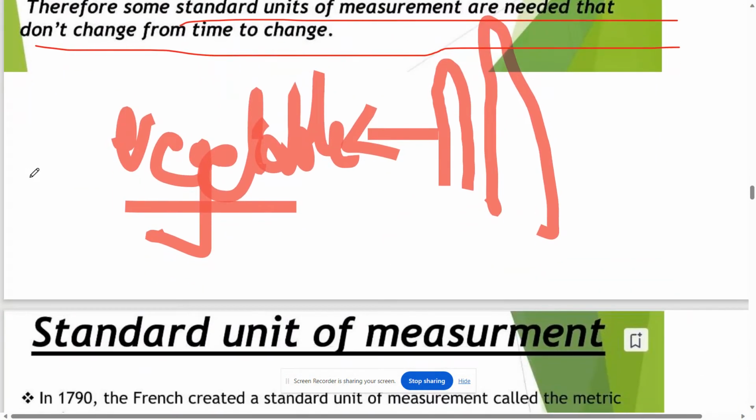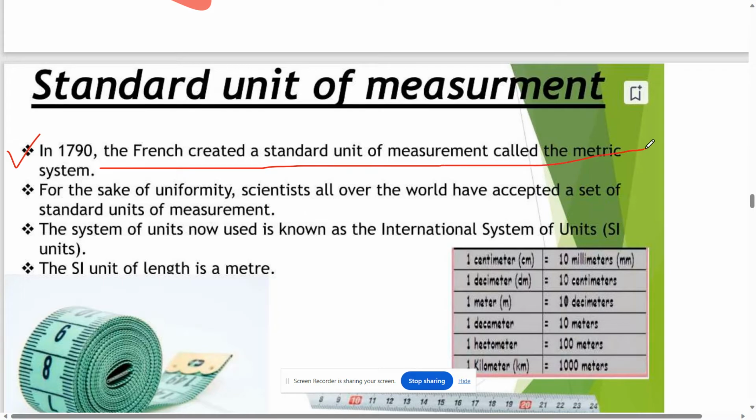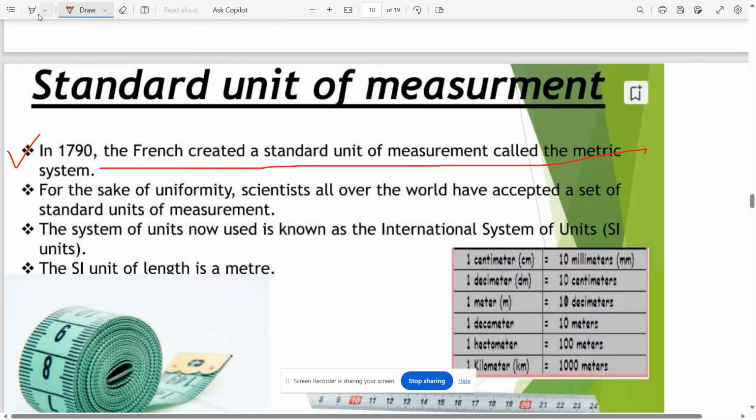There are some at the international level also. The standard unit of measurement is like this. In 1790, the French created a standard unit of measurement. It's called the metric system, which was developed by the French people.